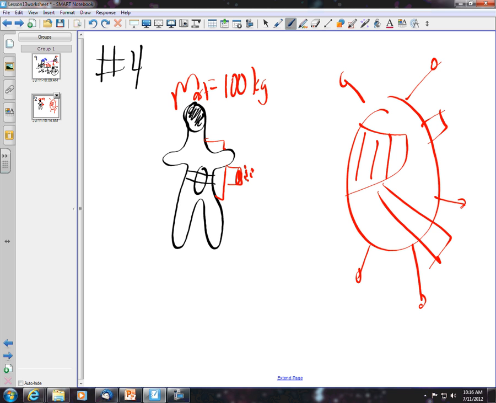Okay. The force generated by spurt from the propulsion unit is 25 newtons. Okay, well it's pushing out that way. Equal and opposite reaction because it's pushing against the particles that it's expelling, which are actually pushing against this.